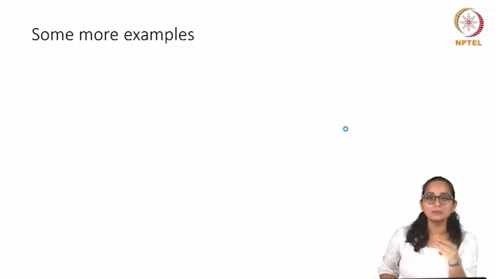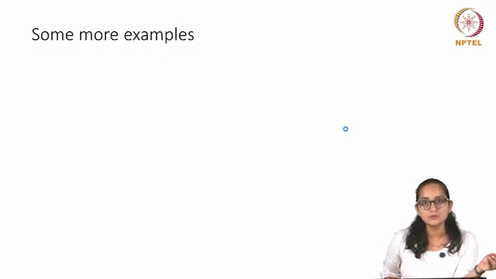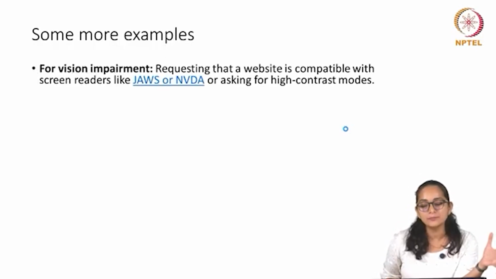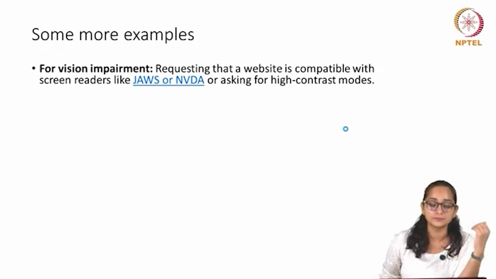So let us talk about some more examples of accommodations in digital accessibility. For vision impairment, requesting that a website is compatible with screen readers like JAWS or NVDA, or asking for high contrast modes.